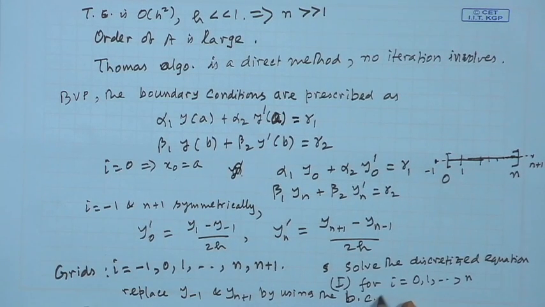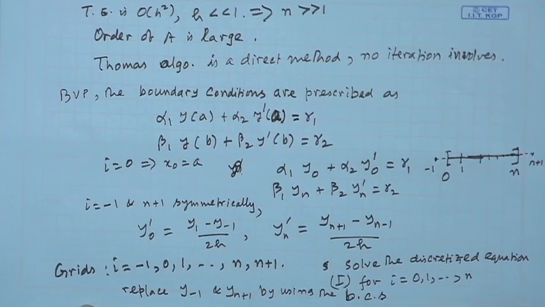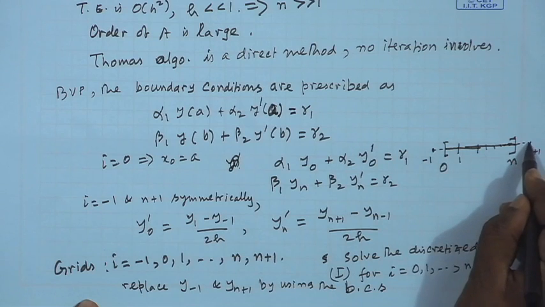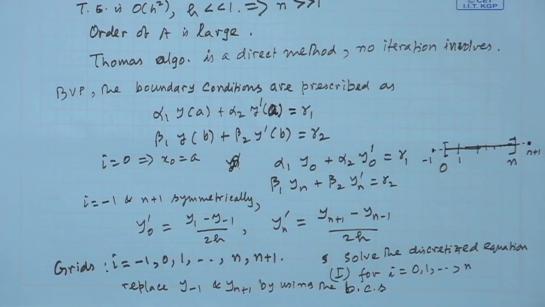So, the resulting system of equations will involve n plus 1 unknowns and n plus 1 equations. So, that is compact, and again we can get a tridiagonal system.